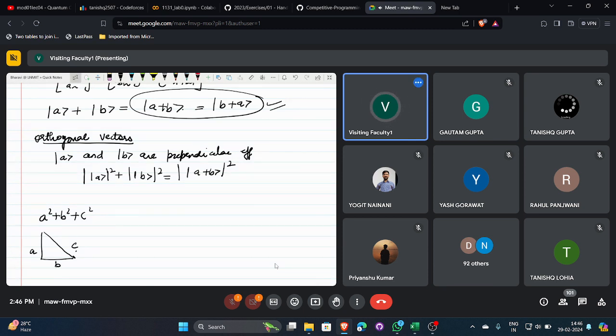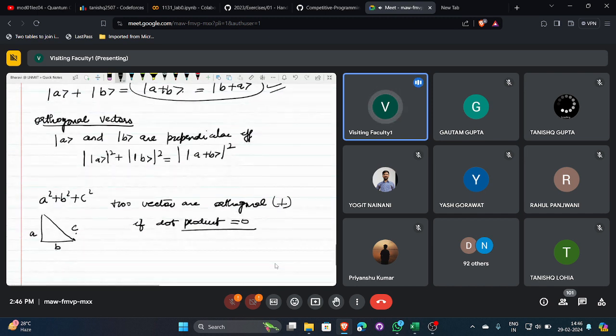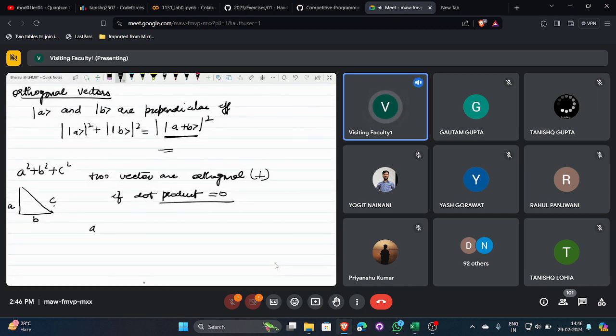So, simple terms. Now if I talk about the dot product, two vectors are orthogonal, or we say perpendicular, if the dot product is equal to 0. So when you expand this, normally if you remember, what is (a plus b) whole square? It's a square plus b square plus 2ab.